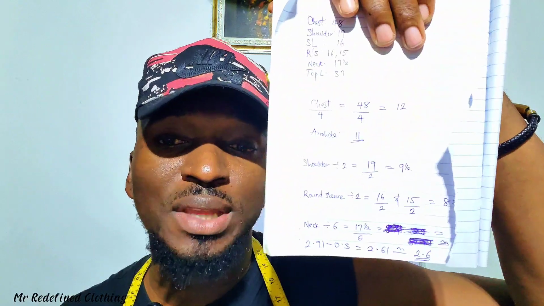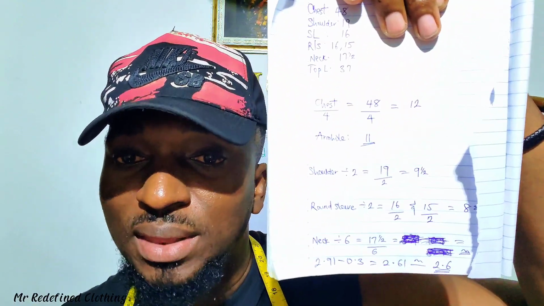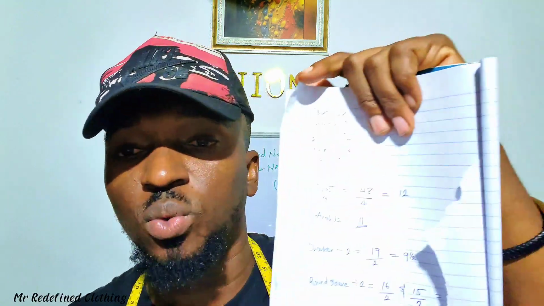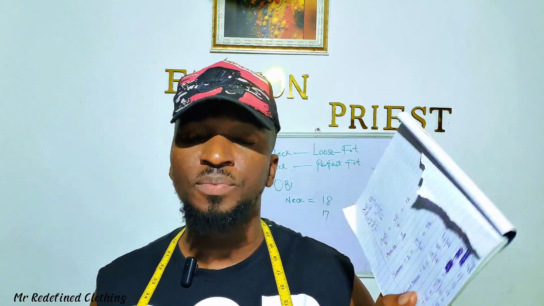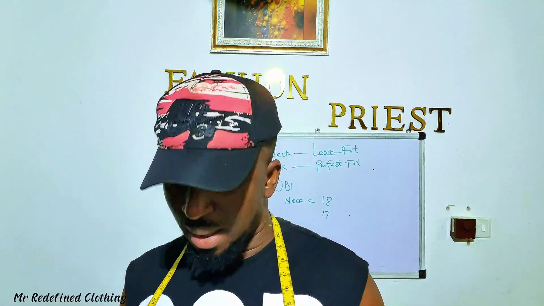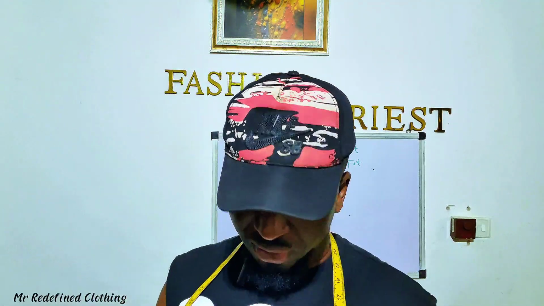Then we are going to deduct or minus 0.3 from that, which we are going to have 2.61. So approximately 2.6. So the reason I took my time to put this out is for us to understand how to draft, or the processes you undergo in drafting, a basic bodice. So without further ado, let's get down to the drafting proper.